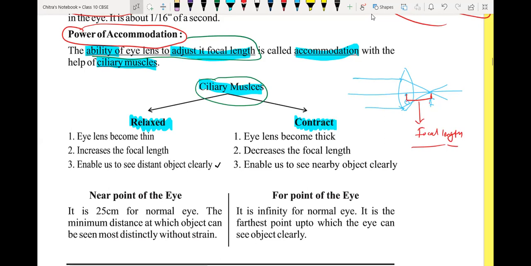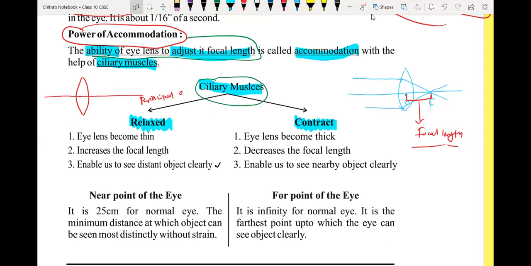Suppose you have a convex lens with you. The imaginary line which passes through the center of the lens is called the principal axis.